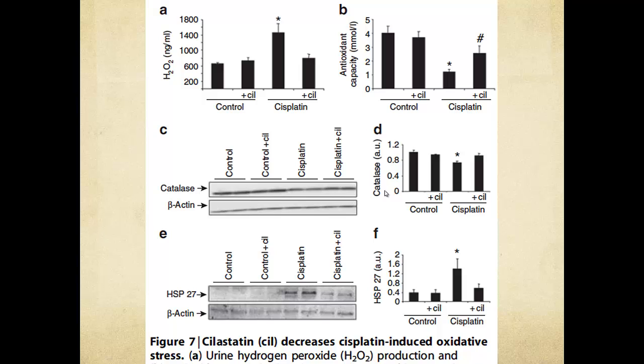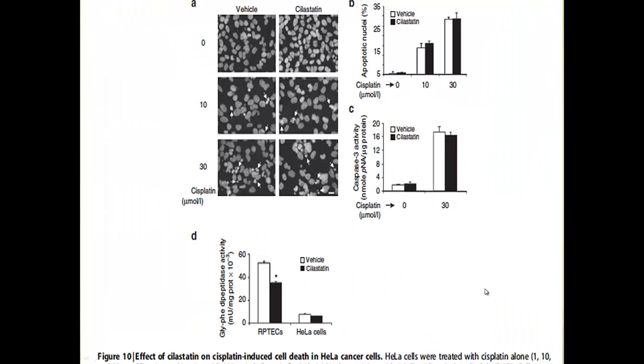Again, catalase activity was also improved in cilastatin versus cisplatin alone. And heat shock proteins, which are the proteins that are produced in response to any injury, were more in cisplatin versus cisplatin and cilastatin combined.